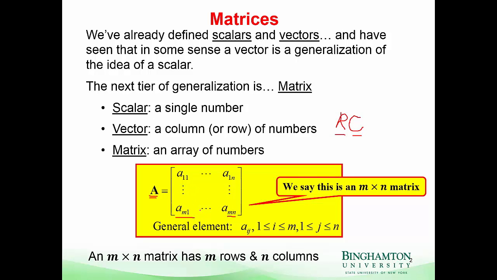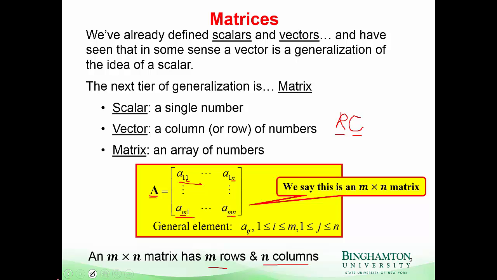So the matrix, as we show it here, since we have 1 down to m in the first position, has m rows, and then we have 1 out to n columns, so we have n columns. And we refer to this as an m by n matrix.